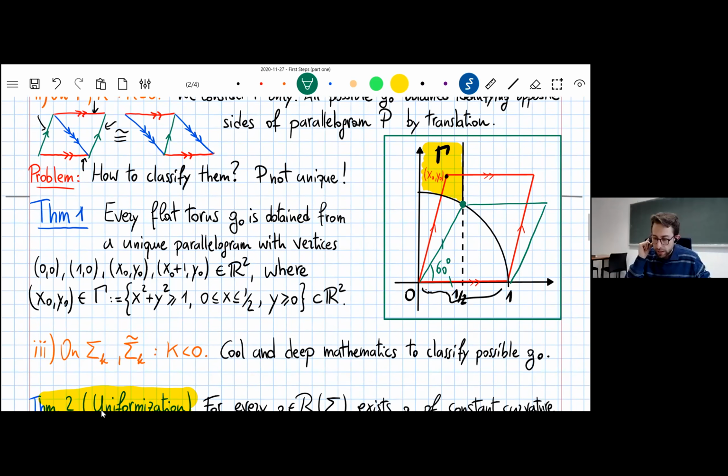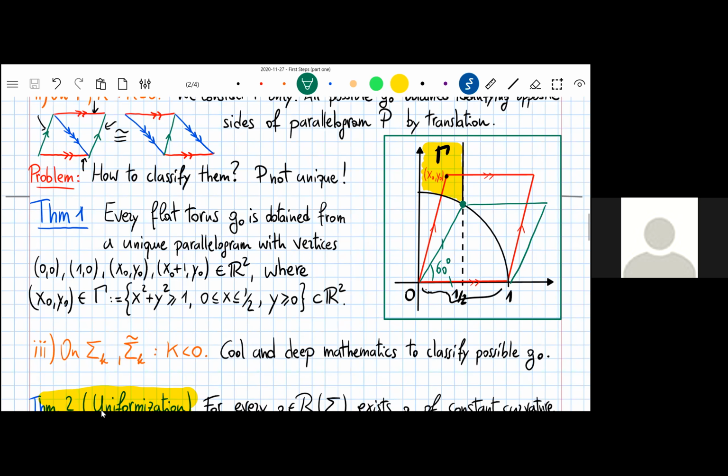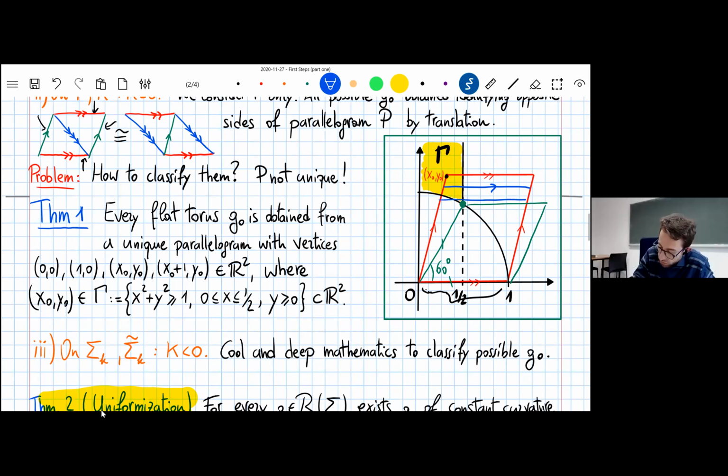Okay, so now I want to give a kind of sketch of a proof. What are the ideas going into the proof of this result? Before doing that, I have to mention that this classification of flat tori using this domain capital gamma has also another very important property: we can see on the nose a lot of systoles in this representation. Namely, all the horizontal curves are systoles when we use this representation.